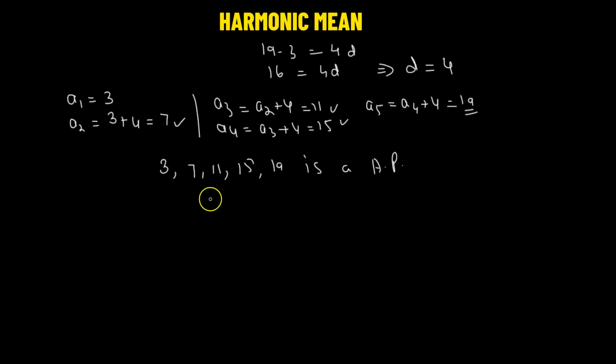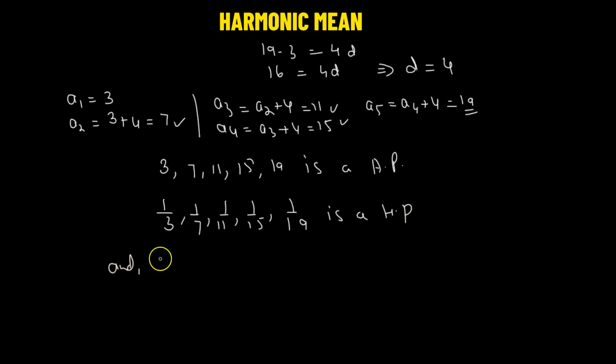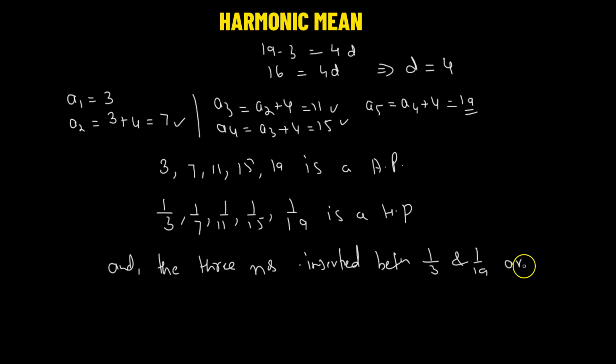What we have to do is find the harmonic progression, so we take the reciprocals: 1/3, 1/7, 1/11, 1/15 and 1/19. This is a harmonic progression, and the three numbers inserted between 1/3 and 1/19 are 1 over 7, 1 over 11 and 1 over 15.